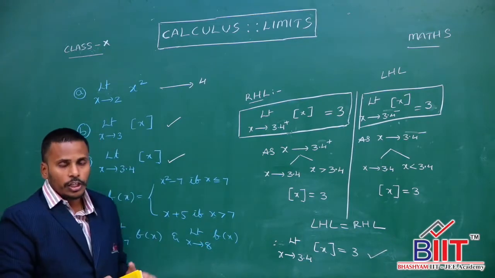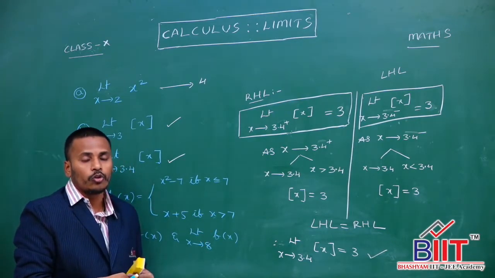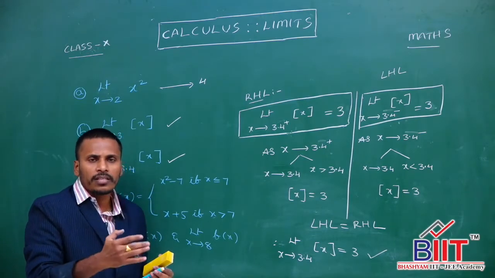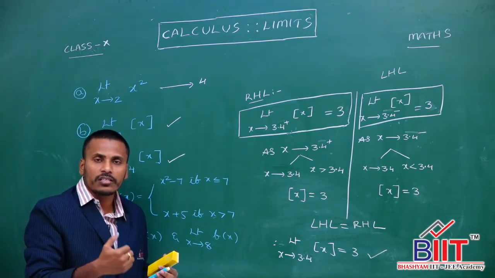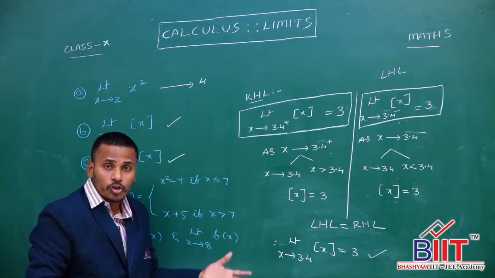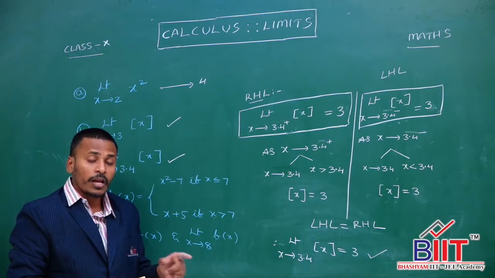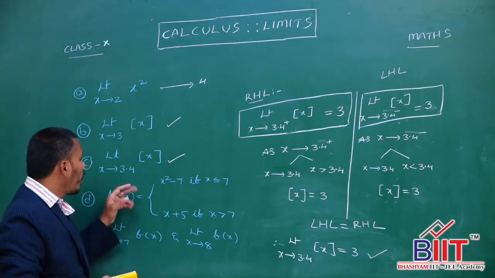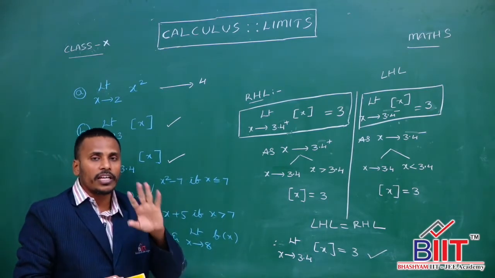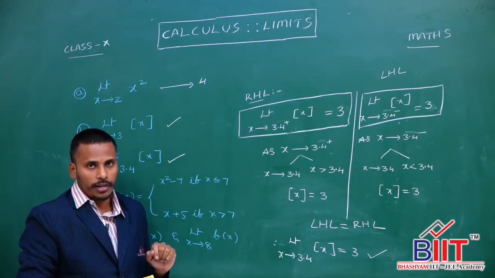Not only at 3, you can choose any integral value. The limit of step x at 3 does not exist, at 4 does not exist, at 5 does not exist, at -2, at -3, at all those points the step x limit does not exist. But at non-integral points like 3.4, the limit of step x exists. This is one thing we need to memorize.